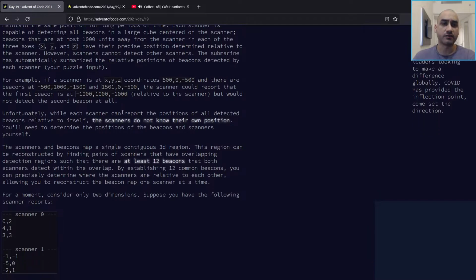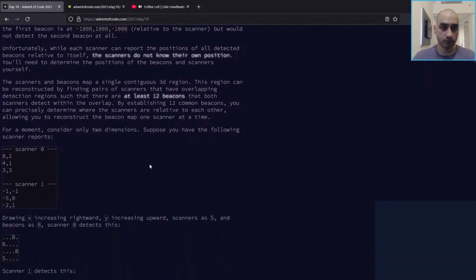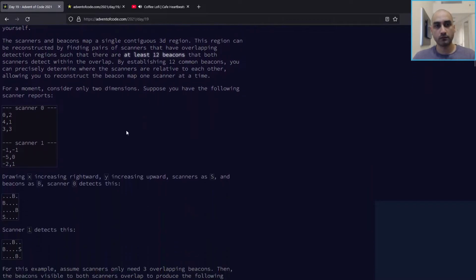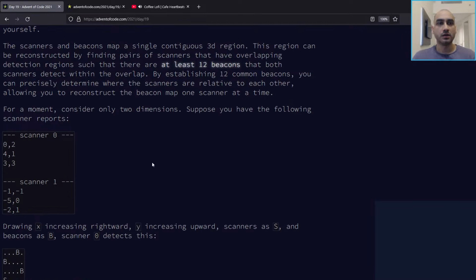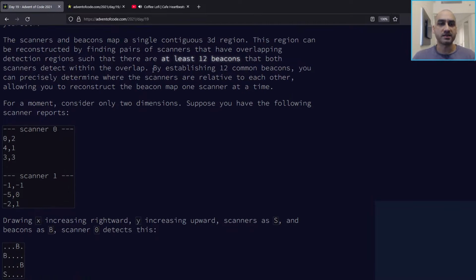Unfortunately, while each scanner can report the positions of all detected beacons relative to itself, the scanners do not know their own position. You need to determine the position of the beacons and scanners yourself. The scanners and beacons map a single contiguous 3D region.